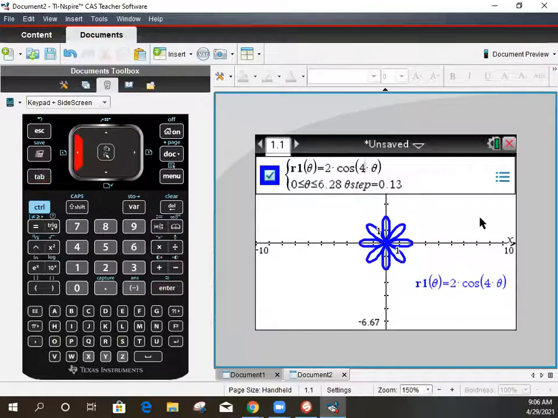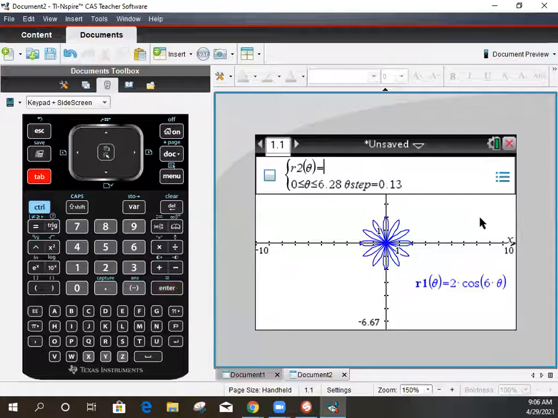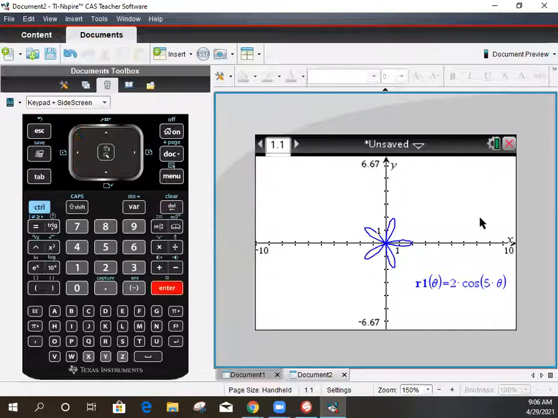When N is 6, 12 petals. 1, 2, 3, 4, 5, 6, 7, 8, 9, 10, 11, 12, like the clock. That's it. And when N is odd, there's just the same amount of petals. So that rule also works for cosine. It's going to be facing in different directions. These rules just help verify that you're doing it correctly, but I'll show you how to graph it without these rules, just by plotting points.